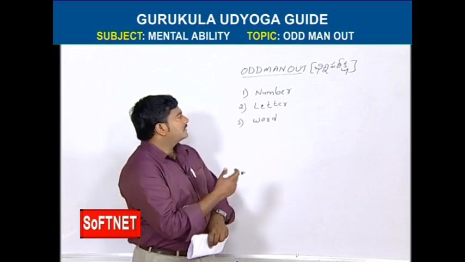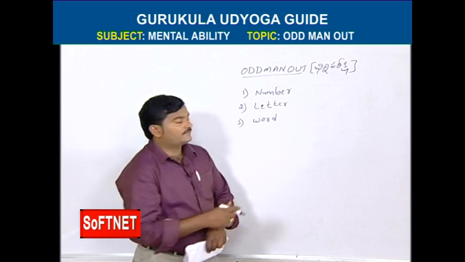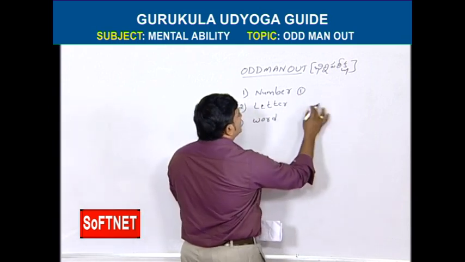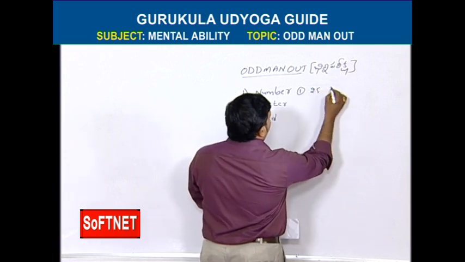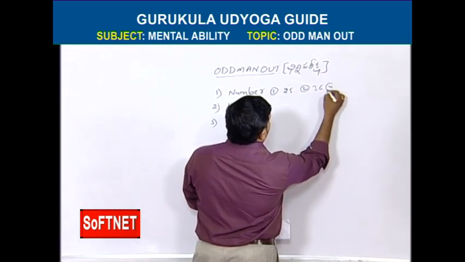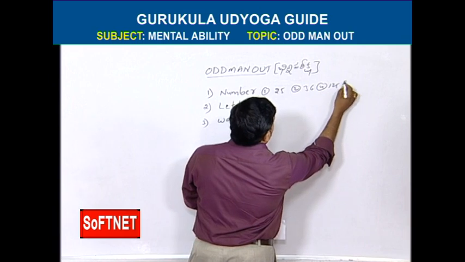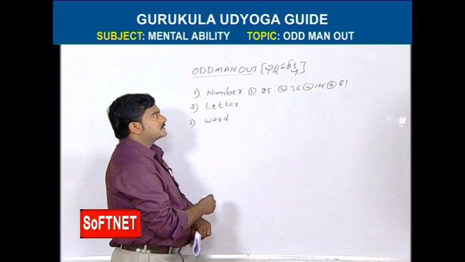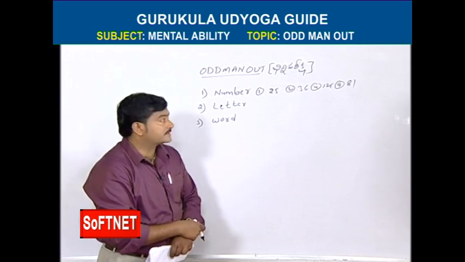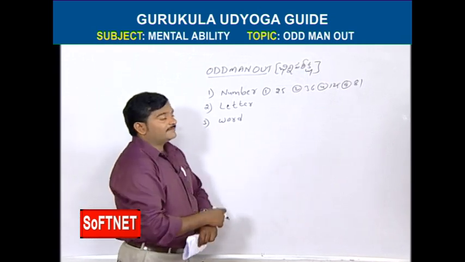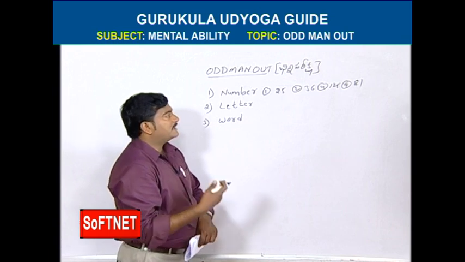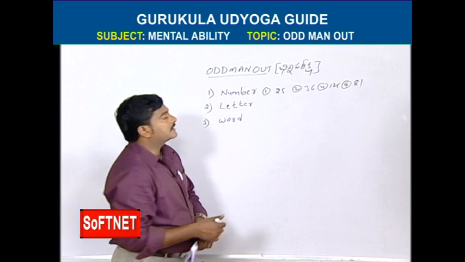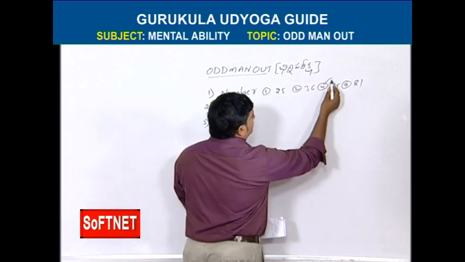For example, in number odd man out, let's say he gave 25, 36, 125 and 81. Which one is the odd man out here? The odd one is 125. Why?